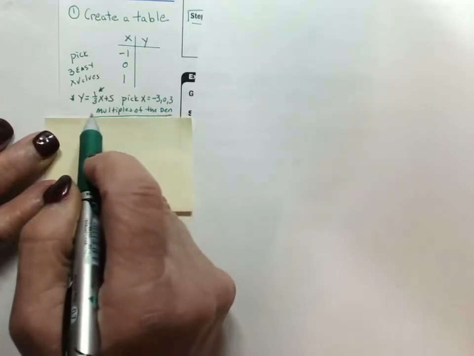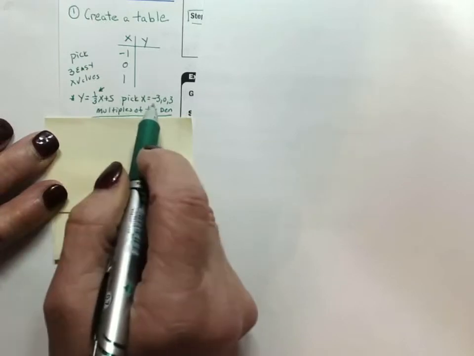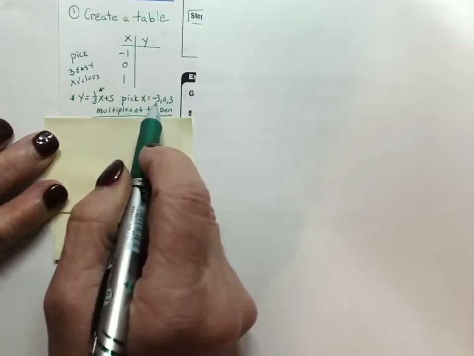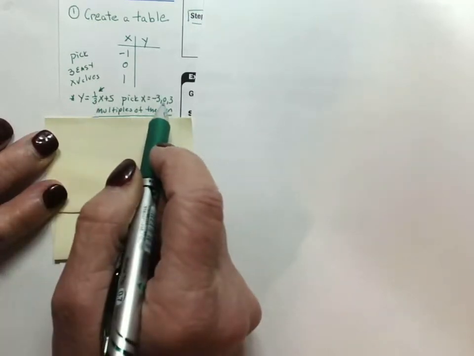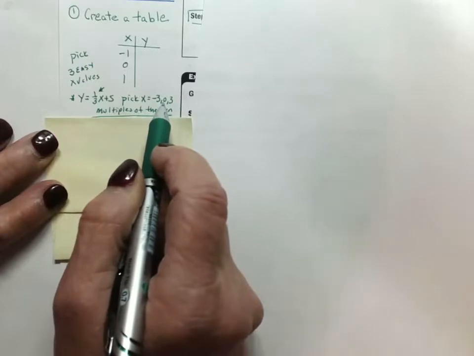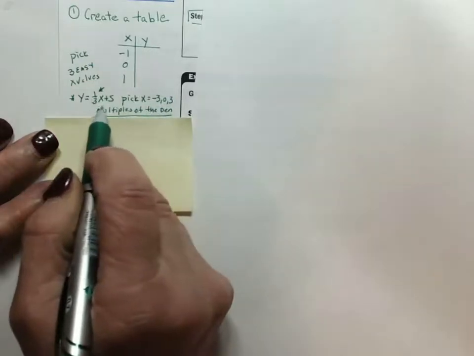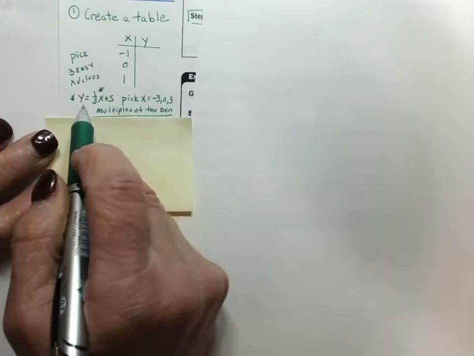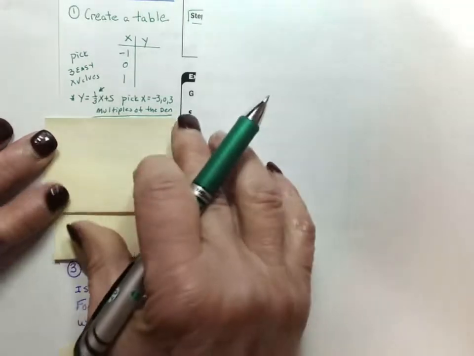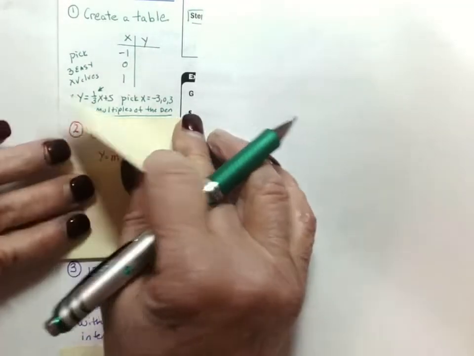So the easiest ones are going to be to take -3, 0, and 3 in this case. 0 is always going to be your easiest number to graph. So you would want to use 3 and -3 as well. So that's creating the table.